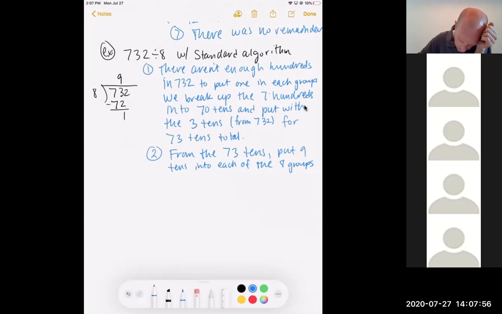And that's what we're doing right here. Once we do that, 72 tens were put into the 8 groups.